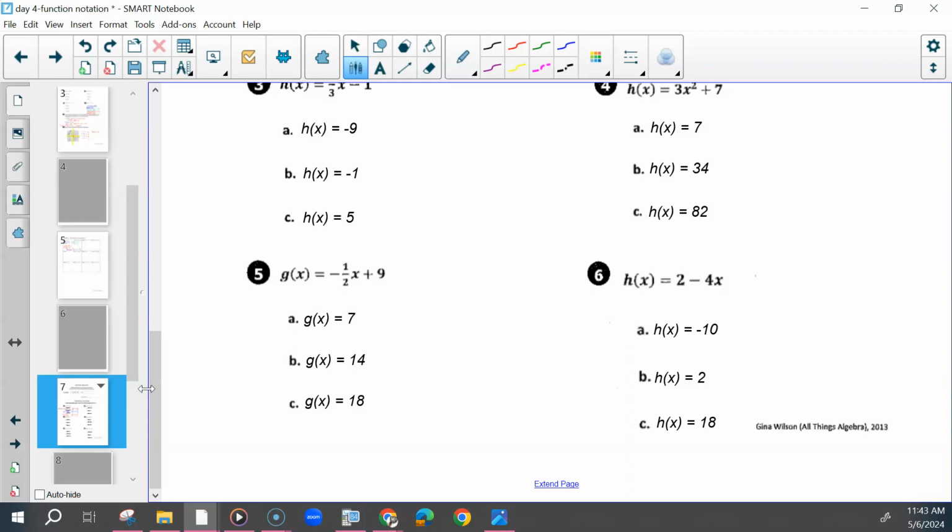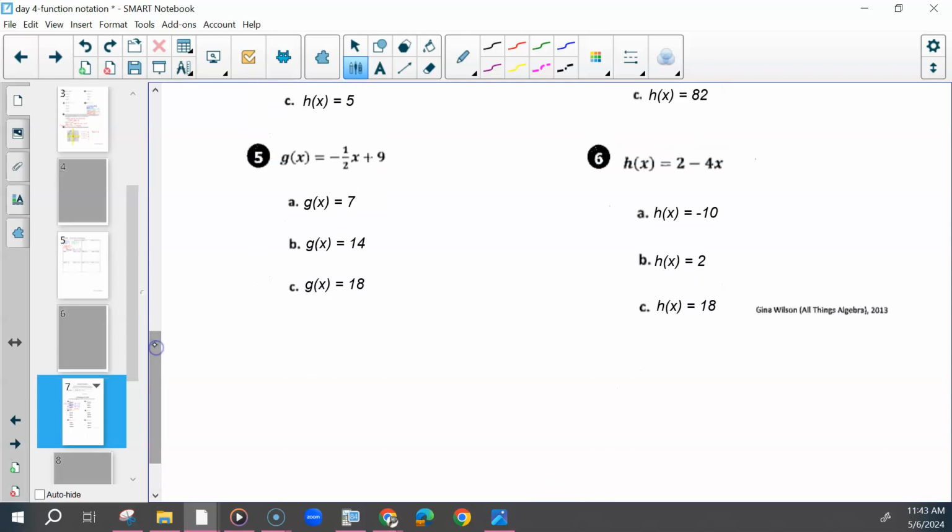So the letter at the front may change from f of x to g of x or something else. It means the same thing. I'm going to rewrite this as y equals. And then for each piece, change the y value.